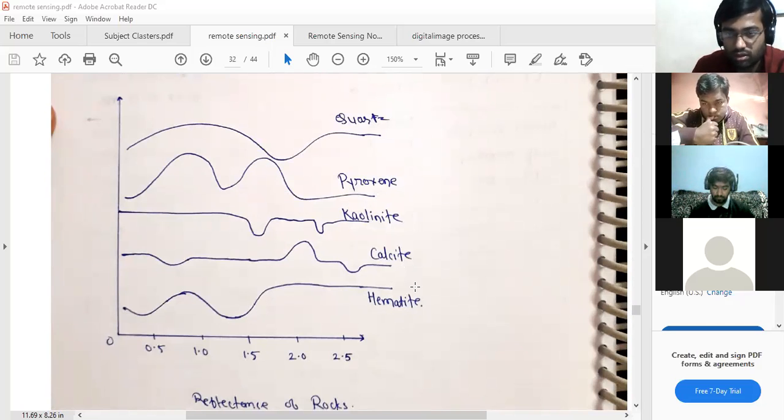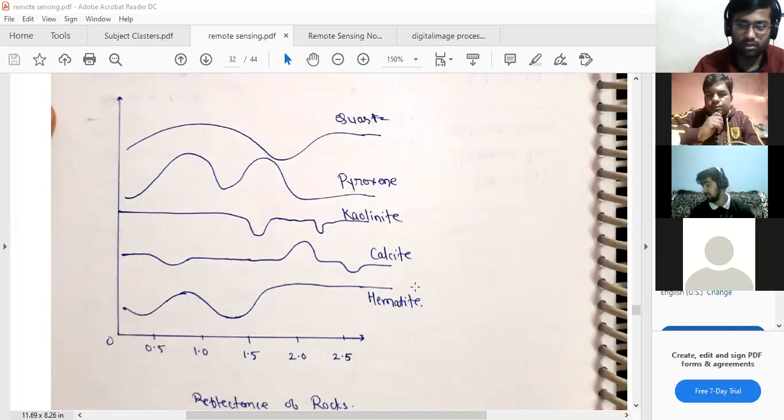We only need to feed the data into the machine, then the machine does its work automatically. It will identify and prepare the lithological map for you. You just need to feed the data in the computer, and then you will automatically receive the prepared lithological map, like this.